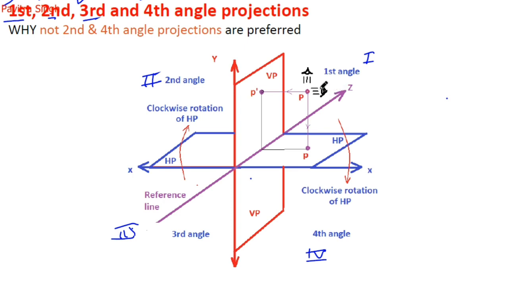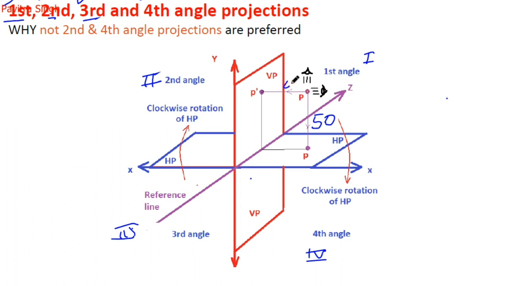Suppose one observer, this is the observer, is looking at this point P from the front. This point P is above the horizontal plane. This is the horizontal plane. So this is the distance between the horizontal plane and this point P. Suppose this is 50 mm.